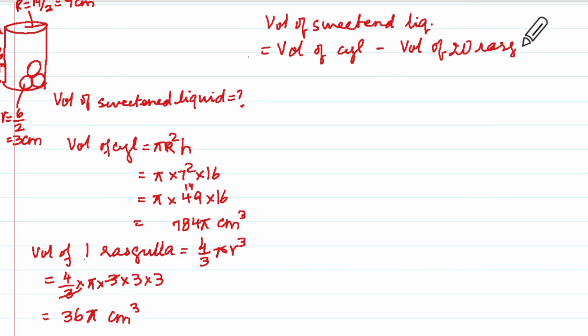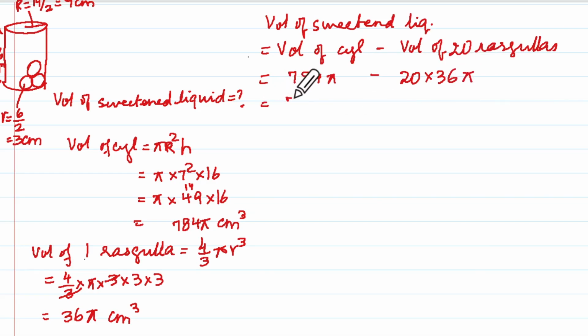Is it okay if I write like this? Yes, ma'am. You can write volume of 20 rasgullas, 20 into this also, but I wrote it like this. So this will be 784 pi minus 20 multiplied by 36 pi.